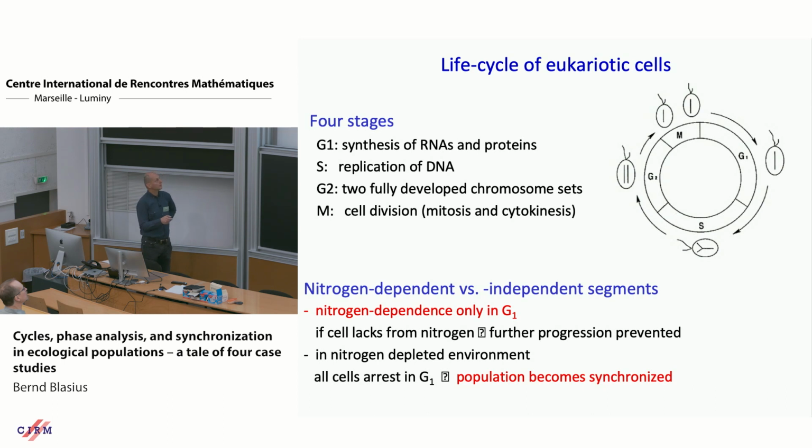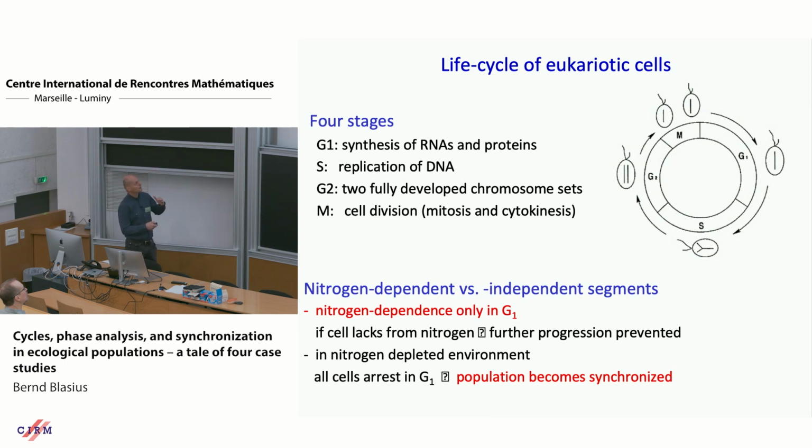There are several phases, in particular the G1 phase, the first phase. It's the phase where the new material for the daughter cells has to be synthesized, and this G1 phase is nutrient dependent, nitrogen dependent. If you don't have the nitrogen in the system, and this was our limiting resource, the cells cannot pass through because they cannot synthesize the material needed for replication.